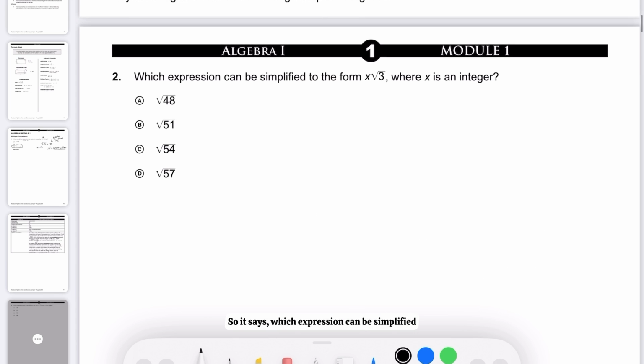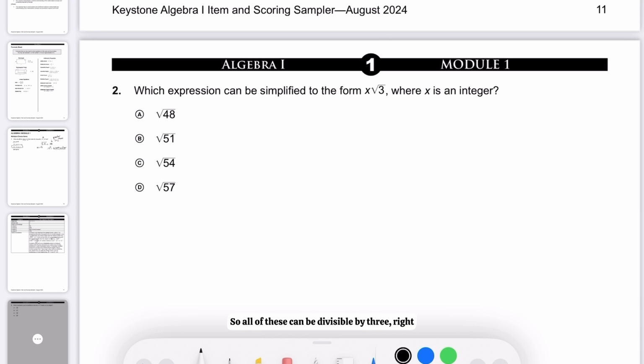So it says, which expression can be simplified to the form x times the square root of 3, where x is an integer? So all of these can be divisible by 3, right? So if I divide 48 by 3, I get 16. If I do 51 divided by 3, I get 17.